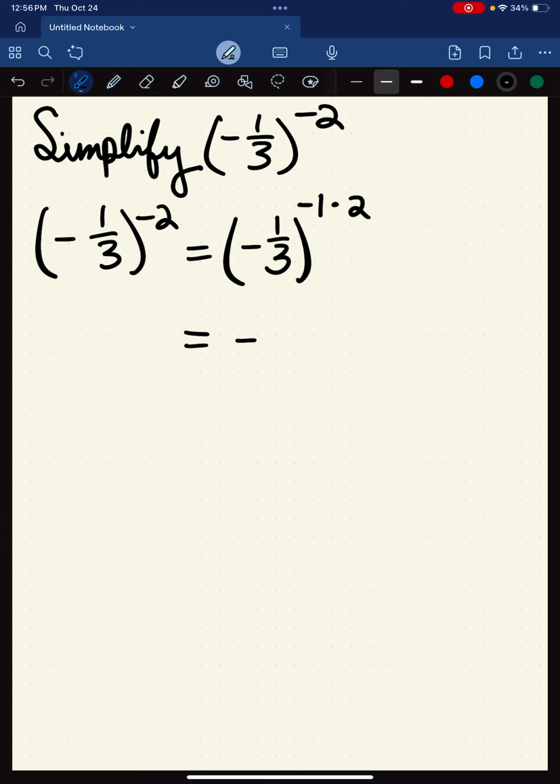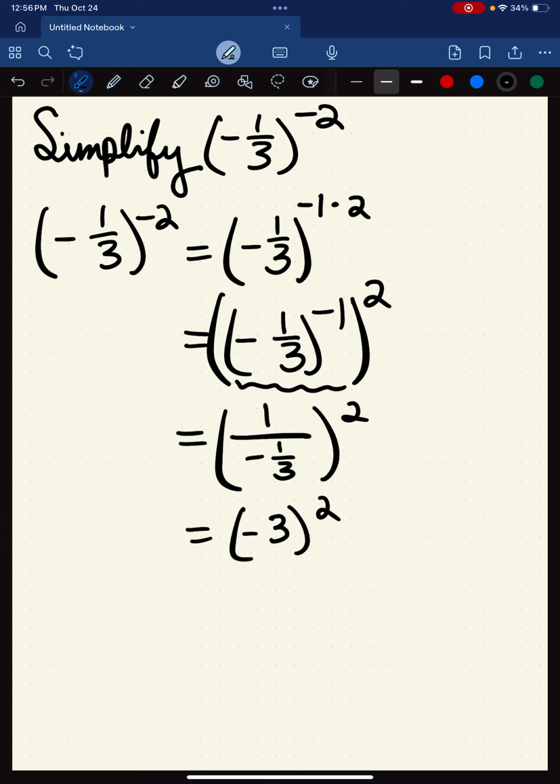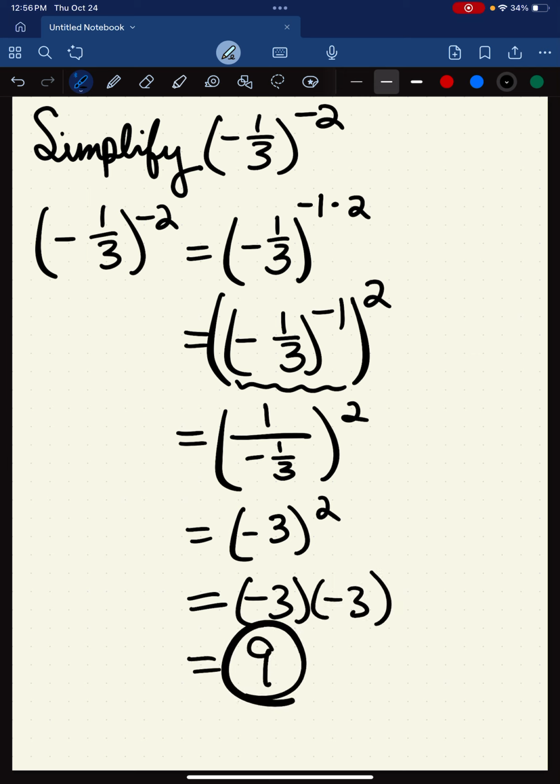It's going to be to the -1 times 2, which is (-1/3) to the -1, all to the power of 2. Well, this one in the middle is 1 all over -1/3. And we keep the squared on the outside. That's (-3) squared, which is 9. Maybe I'll do one more step there. It's -3 times -3, which is 9.